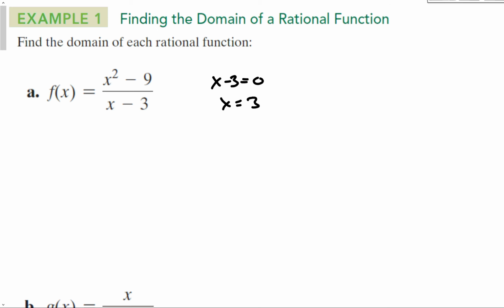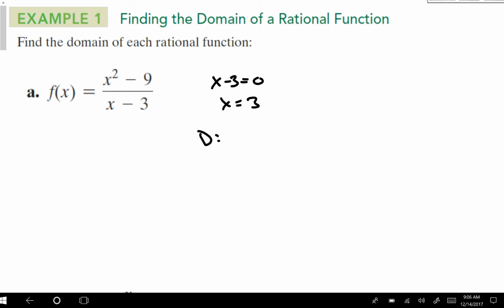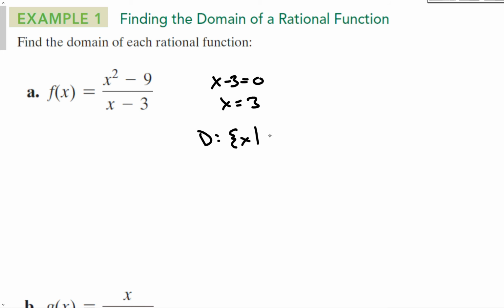That means the domain of this function is everything except for 3. So if I want to write that in set builder notation, I could write it as x such that x is not equal to 3. And we can assume that x is a real number, so I don't have to write it. Or we can say that the domain in interval notation goes from negative infinity to 3, not including 3, and goes from 3 to positive infinity.